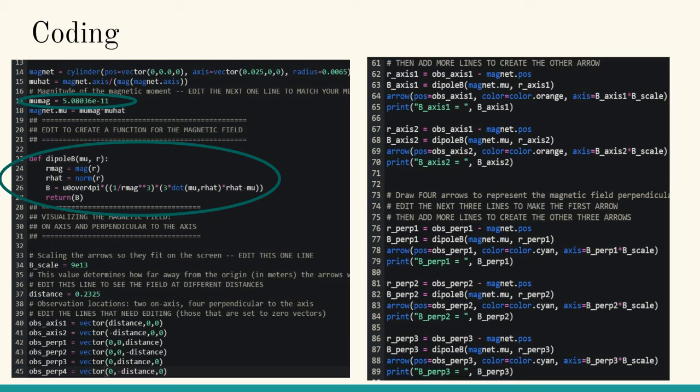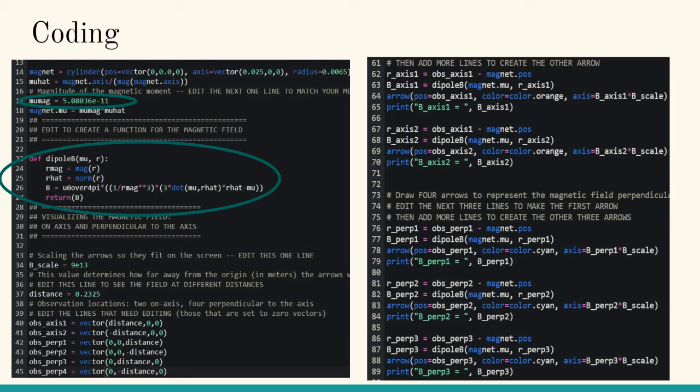For my code, one of the important things I made sure to do was to use the average mu for my calculations, and I used an important function called dipole B, which used the extended equation for B of a dipole, which is really helpful because the formula will pretty much know when the equation is on-axis or off-axis, and it'll really help with understanding and calculating those values.